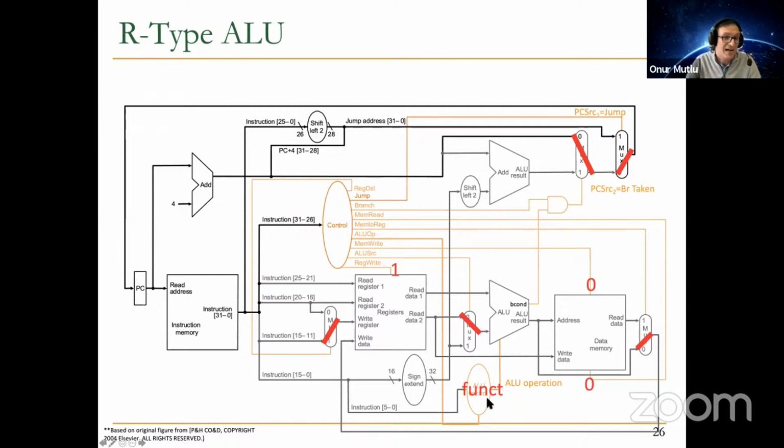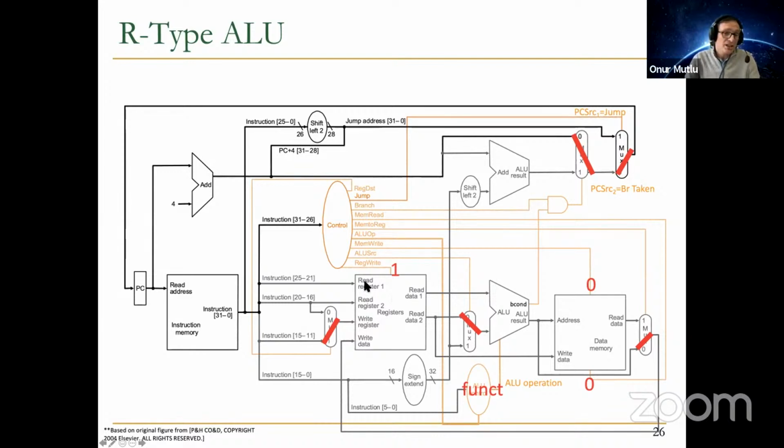Function should be specified by the bottom 6 bits of the instruction encoding. And we're not writing to memory. We're not reading from memory, but we're getting the ALU result sent to the register file. So we need to control this mux correctly. Basically, we're not doing any harm to memory, but we're writing to a register in this case.